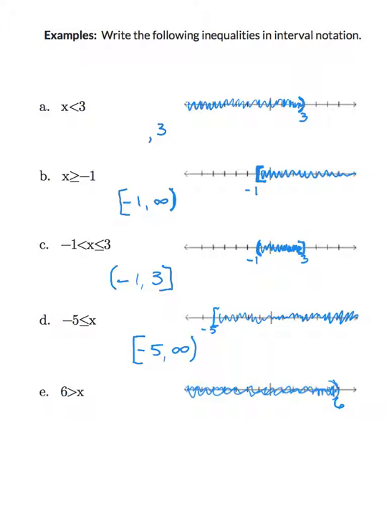The leftmost value goes forever to the left, and so it is an infinity. But note that we are on the negative side of the number line, and so I do need to write negative infinity. Finally, what symbols are we going to use? Negative infinity will have a parenthesis because it is an infinity. 3 will also have a parenthesis because that is what we used on our number line. And we're done.